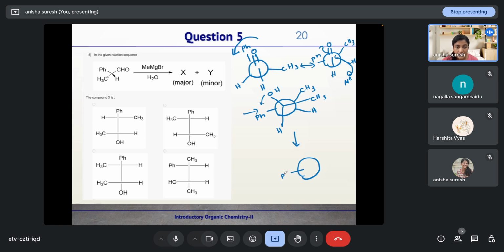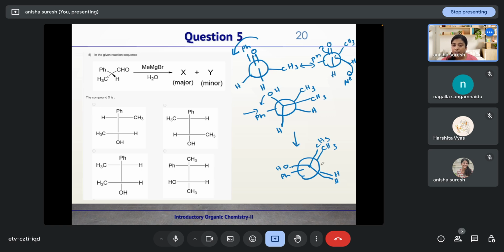So the pH, CH3, hydrogen, OH, CH3, hydrogen will be coming in this, and you can see if we draw it in this fashion, pH and OH are in one line, then both CH3s are coming on the same side and both hydrogens are coming on the same side.